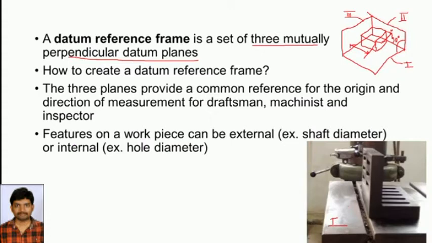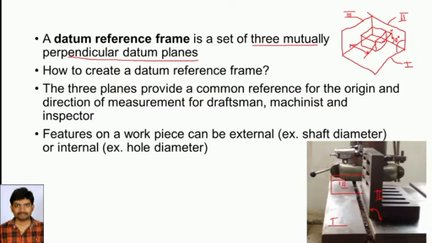Now we keep an angle plate on the surface plate, wherein the inclination is 90 degrees. So now we have formed the vertical second reference surface. Similarly, we can keep one more angle plate here. This forms the third reference surface. Now we can keep the component within this frame and make the measurement.